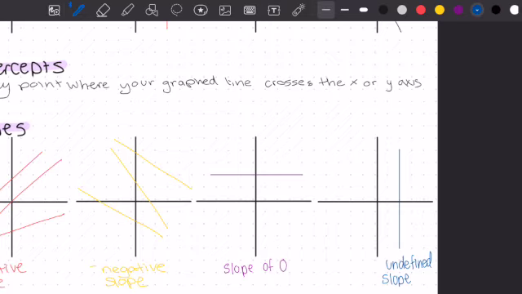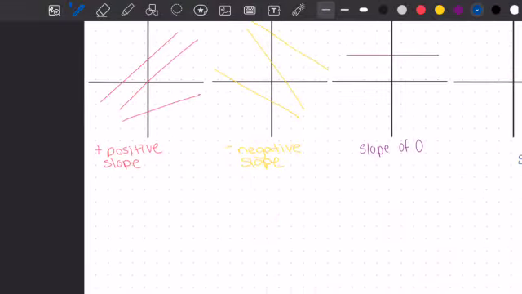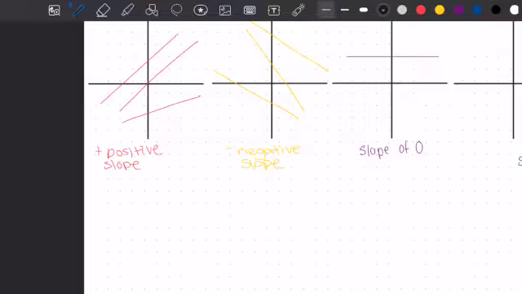Now, let me show you why these things exist. So, let's look at an example here. Let's use the points for this one here. I'm going to use the points -3 and 4 and 5 and -6.